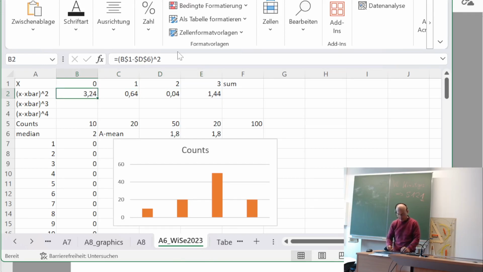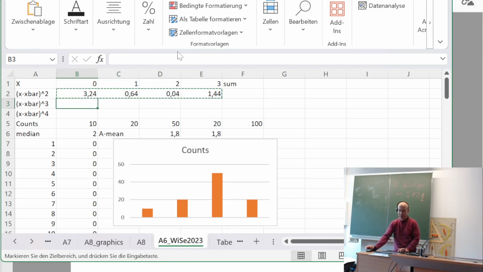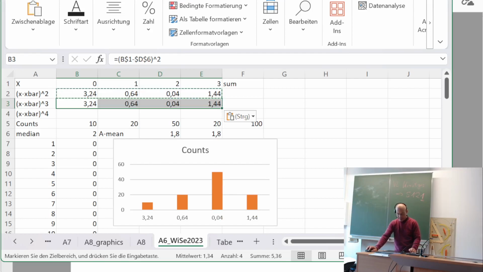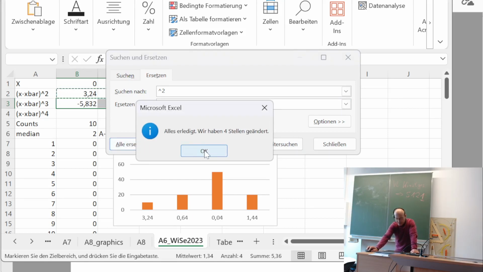and let's copy this again, because now I can just move downward everything, and I only have to change here the power. This is with string h, and then I change the power of 2 into the power of 3.